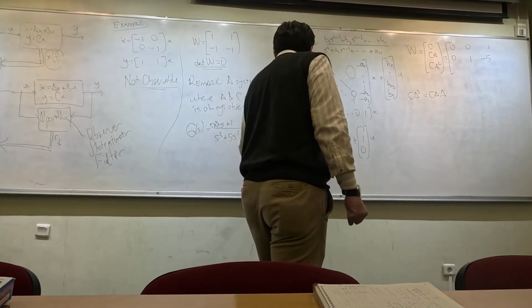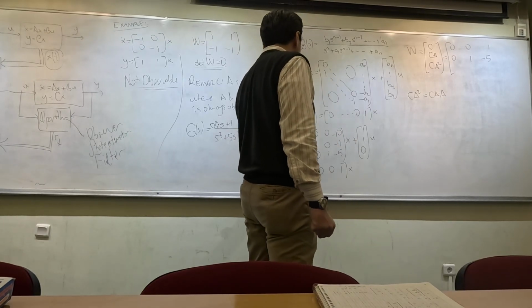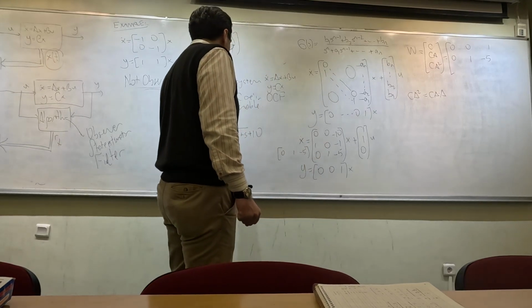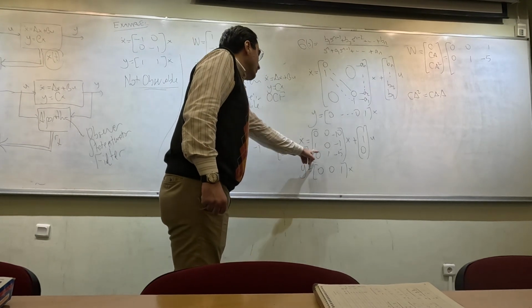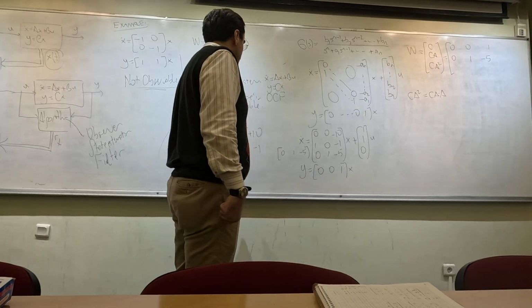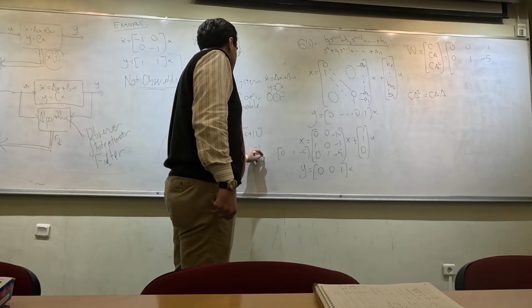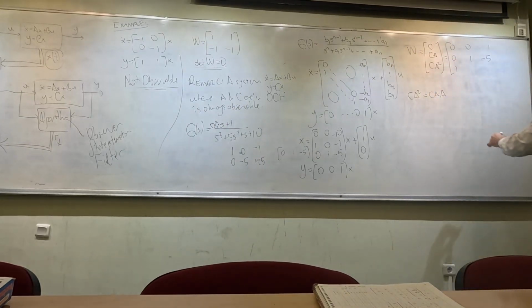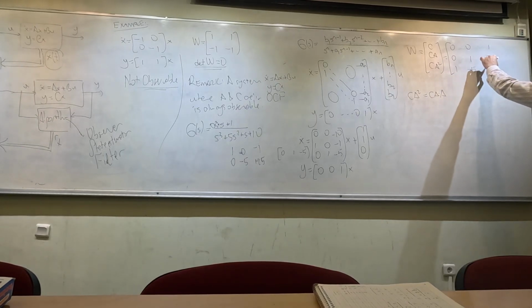So I take 0, 1, minus 5, and multiply this matrix. The first row is multiplied by 0. The second row is multiplied by 1, so I have 1, 0, minus 1. And the third row is multiplied by minus 5, so 0, minus 5, and plus 25. When I sum these, I get 1, minus 5, and 24.